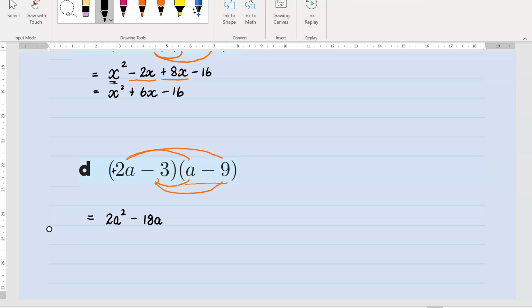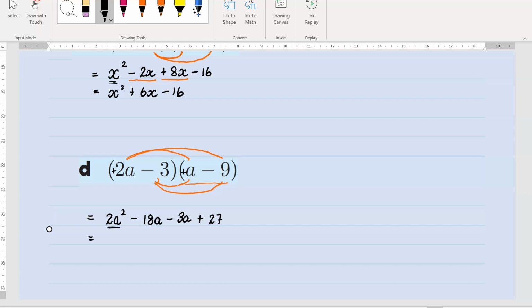Underneath, negative times a positive. Remember, there's nothing in front, so that's a minus, and 3 times a is 3a. Last bit, negative times a negative, same sign, positive. And what are 3 9s? 9 times 3, 27.